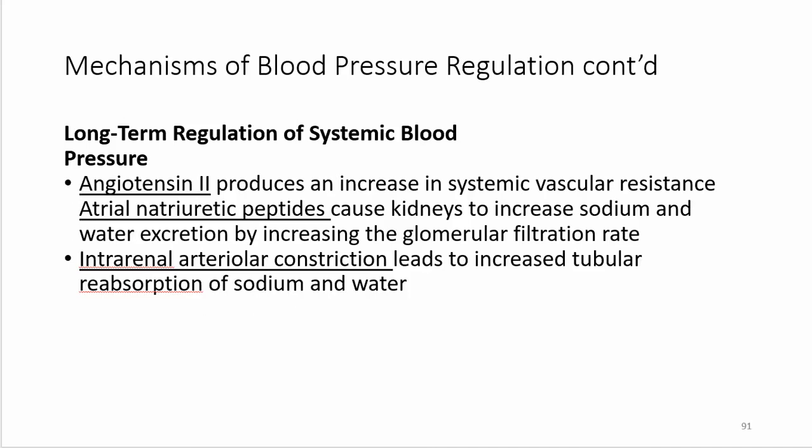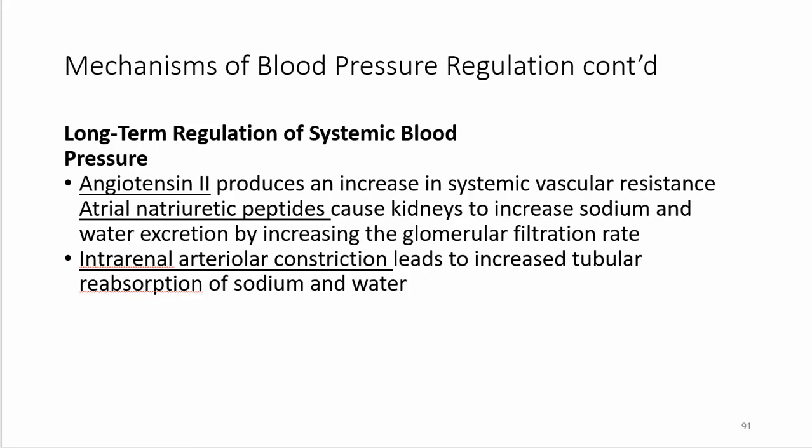It also will have an effect on the glomerular filtration rate, so that things move a little bit faster. Ultimately, it means that your pee is saltier and more dilute, which then reduces the volume in the vascular space, which then lowers blood pressure. And we're actually just going to skip over the intrarenal arterial constriction.